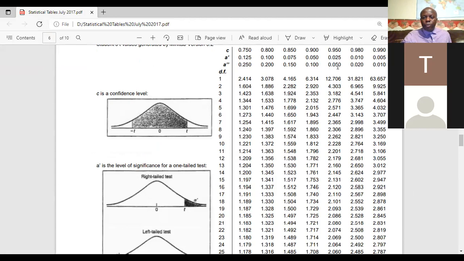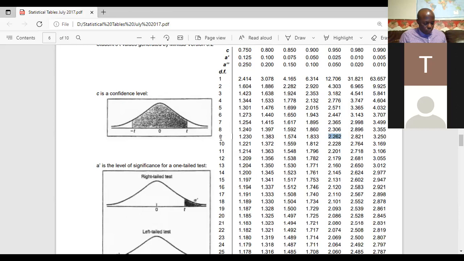You can see for two-tailed tests, see a double prime here. So with 9 degrees of freedom, it's right here. If you go down, you will see that it's under 0.05. It's going to be here, 2.262. I see right here under 9 degrees of freedom. So 2.262.